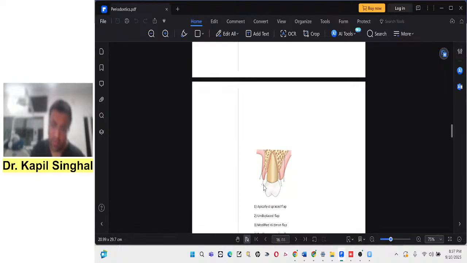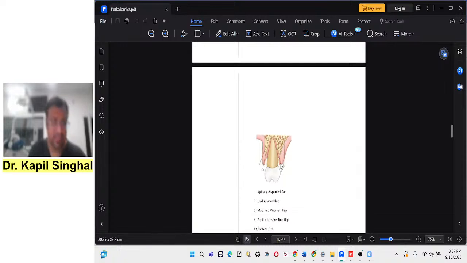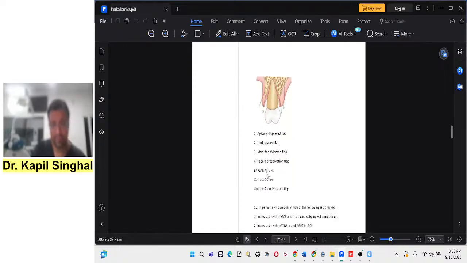They can be given for modified Widman flap and apically displaced flap. Number 2 is for undisplaced flap. So the answer here would be undisplaced flap.